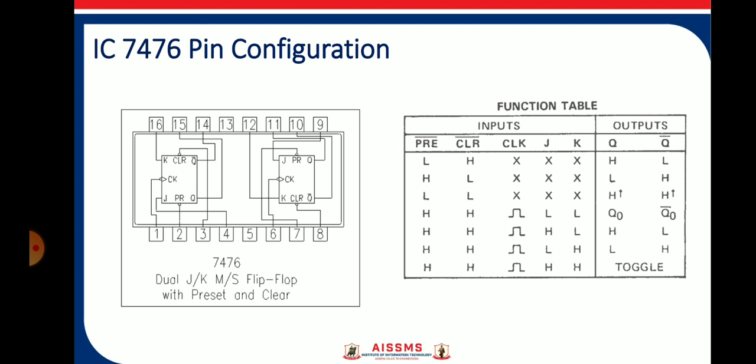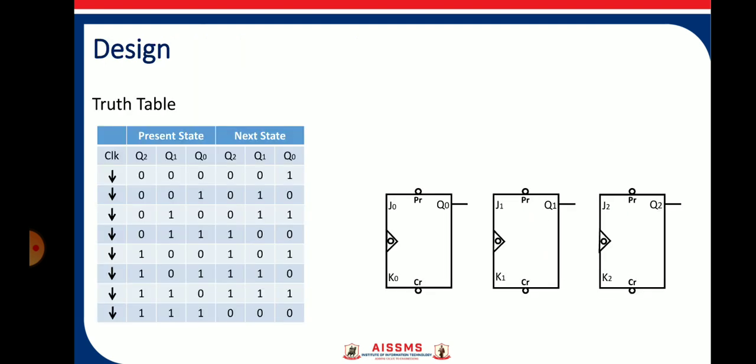By considering this basic function of IC7476, we are going to design the 3-bit asynchronous up counter. As we know, an individual IC7476 has 2 JK flip-flops. For the 3-bit up counter, we require 3 JK flip-flops, so hence we will require 2 IC7476.